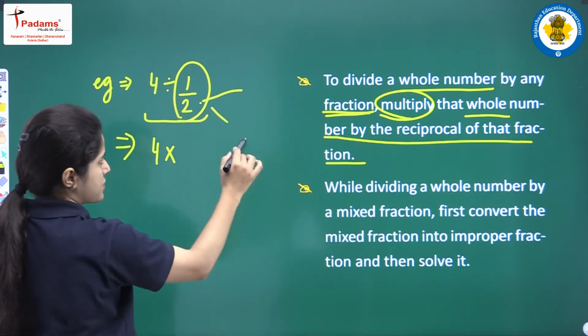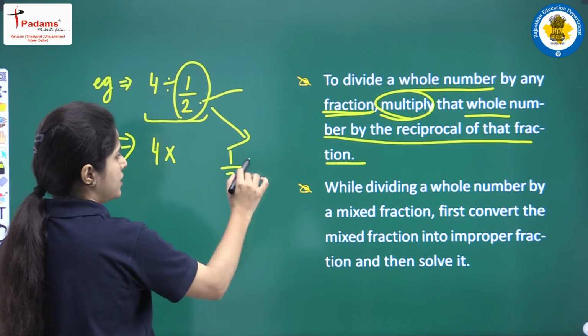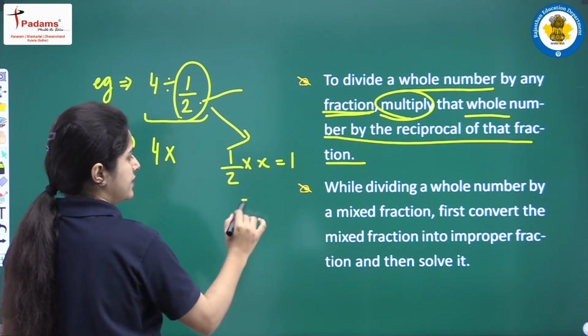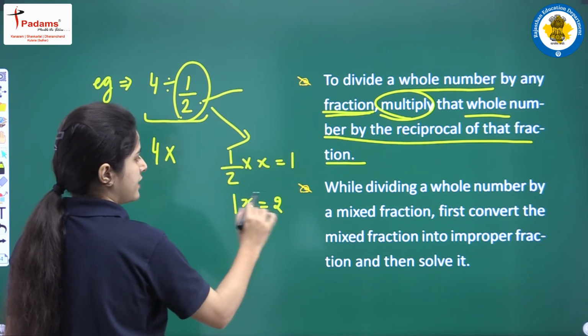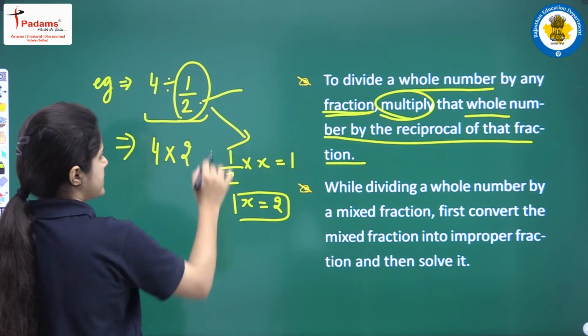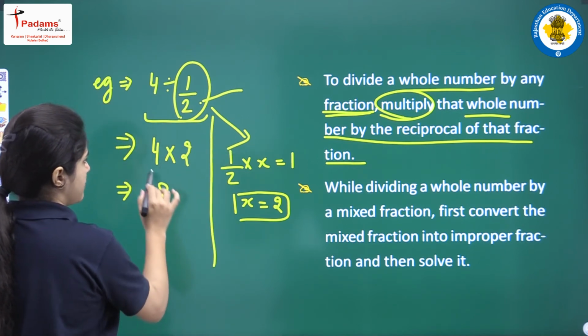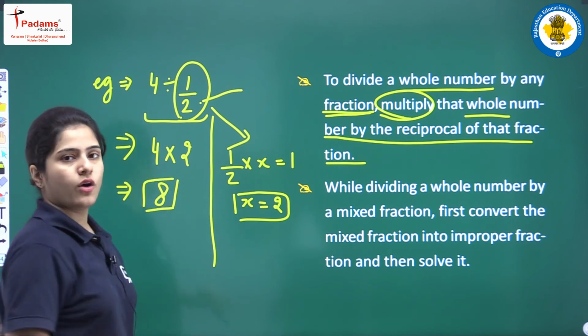The reciprocal of this fraction 1 upon 2 is equal to 2, okay. So, 4 into 2 is equal to 8, alright students.